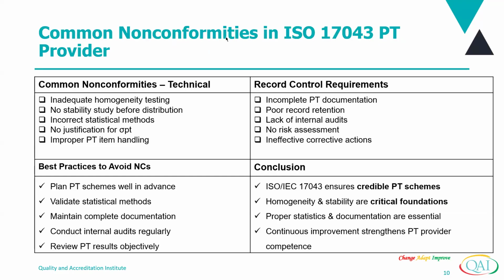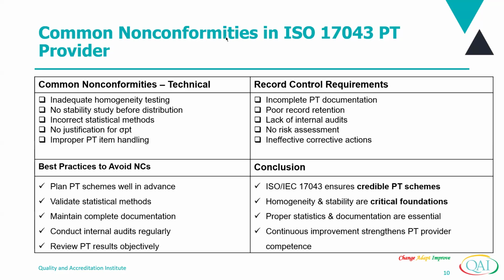There are some common non-conformities we have identified here. It could be due to inadequate homogeneity, as we discussed before, or no stability study before distribution. No stability, no homogeneity. This generally happens when people are not aware, and sometimes PTPs are not clear on whether they have to go for a stability check or a homogeneity check before the round.